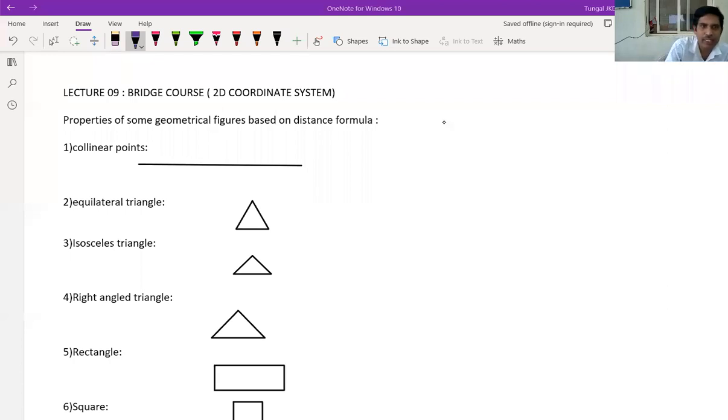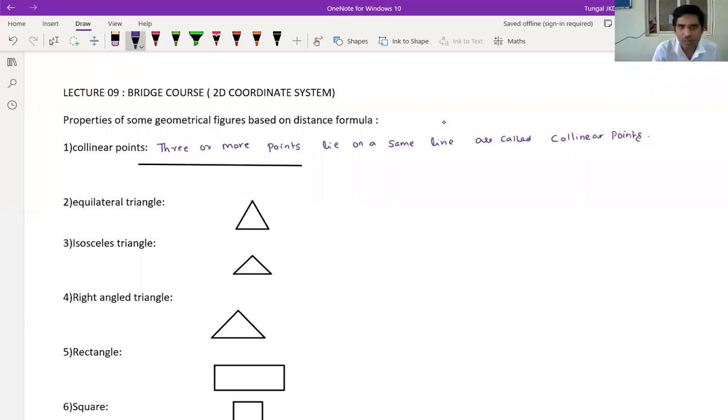First of all, what is meant by it? See, here I am writing the definition: 3 or more points lie on a same line are called collinear points. So if 3 or more points lie on a same line, then those points are said to be collinear points.